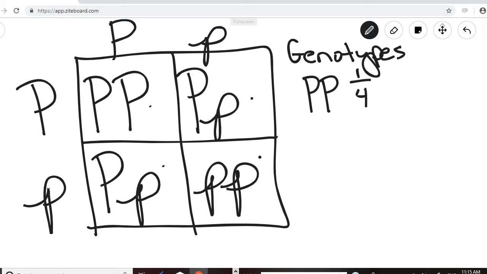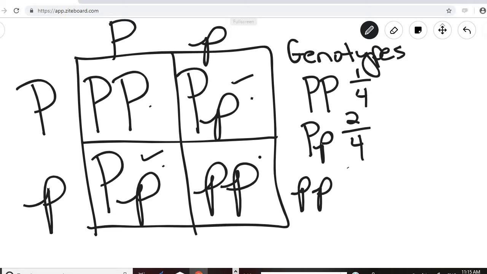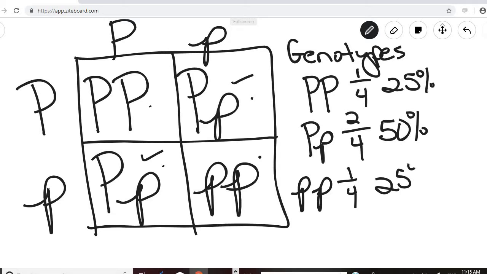Then we have an uppercase P and a lowercase p, and 2 out of 4 are those. And then we have a lowercase p, lowercase p, and 1 out of 4 would be those. So this would be 25%. This would be 50%. And this would be 25%.